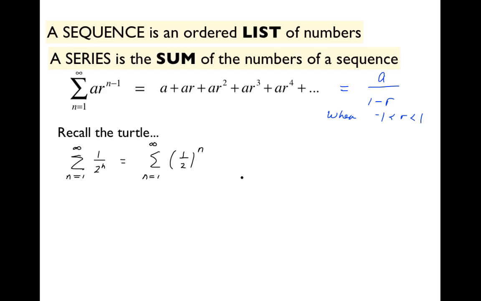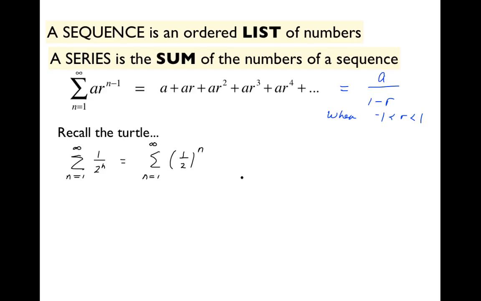Is it a geometric series? Yes. Is it of the form that we've been working with, A r to the n minus 1? No, because what's the first exponent in the form we were working with? When n equals 1, we get an exponent of 0. But in this, our first exponent is 1, right?